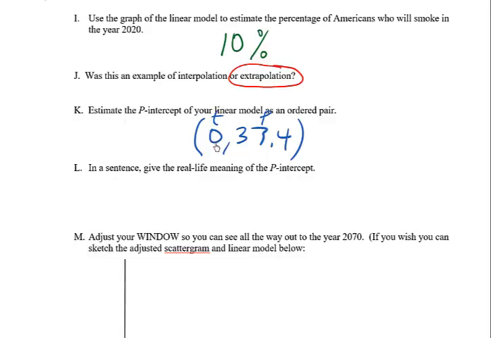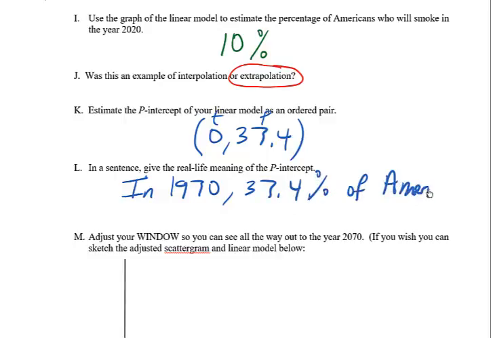Well, if T is 0, that means we're talking about the year 1970 itself. This is telling us something about 1970. In 1970, what? Well, 37.4, that's a P. That's a percentage. In 1970, 37.4% of Americans smoked.